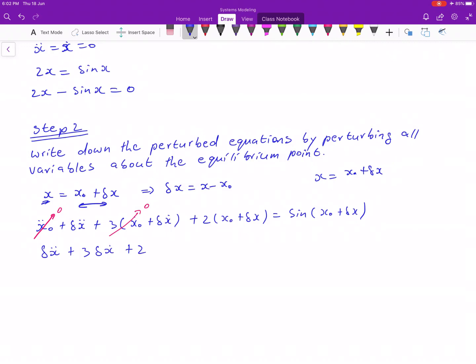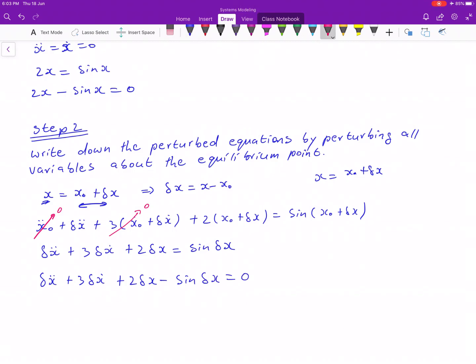So we have 2 delta x is equal to sine of x naught, which is 0, so we are going to have sine delta x. And I can rewrite this. I just want the sine to be on the inside, so I'll have delta x double dot plus 3 delta x dot plus 2 delta x minus sine of delta x is equal to 0.